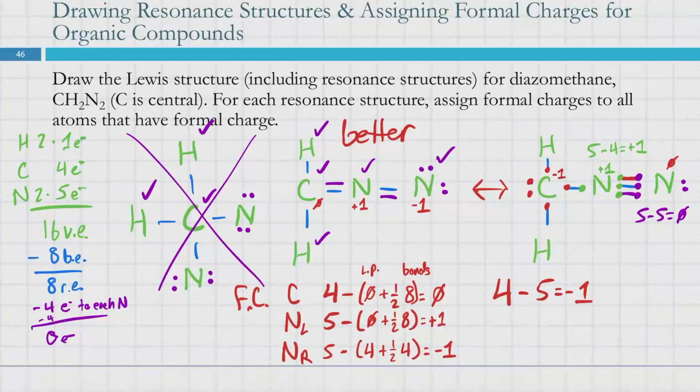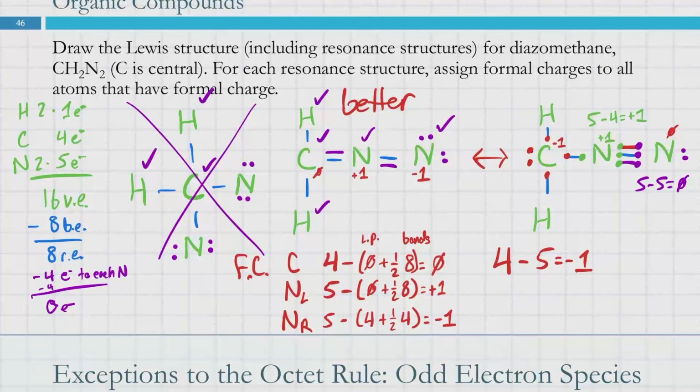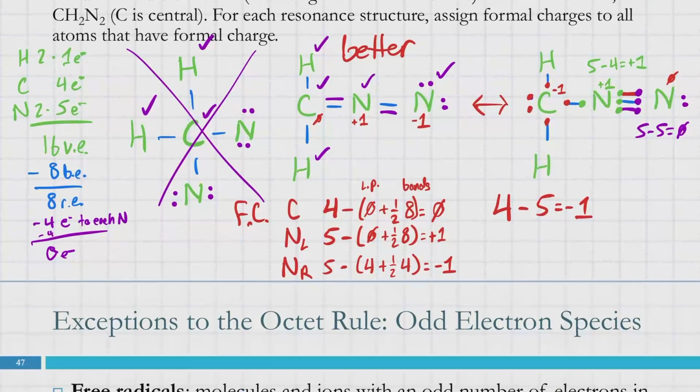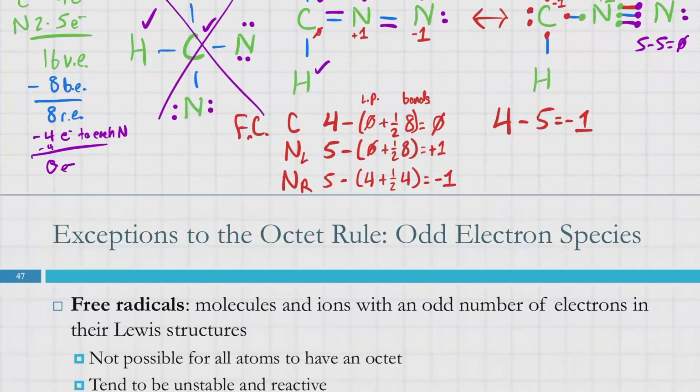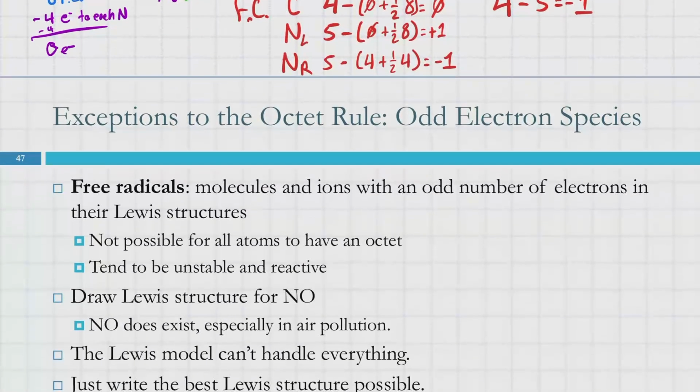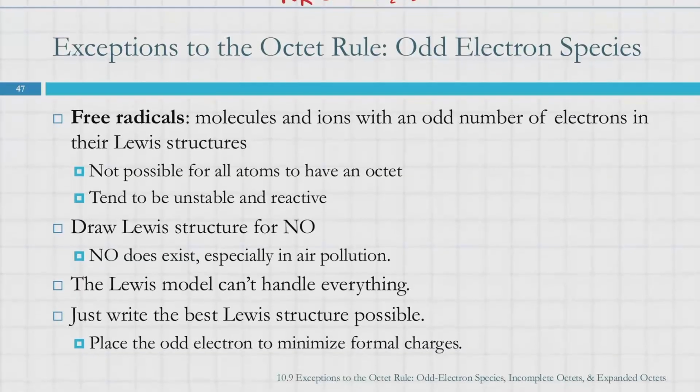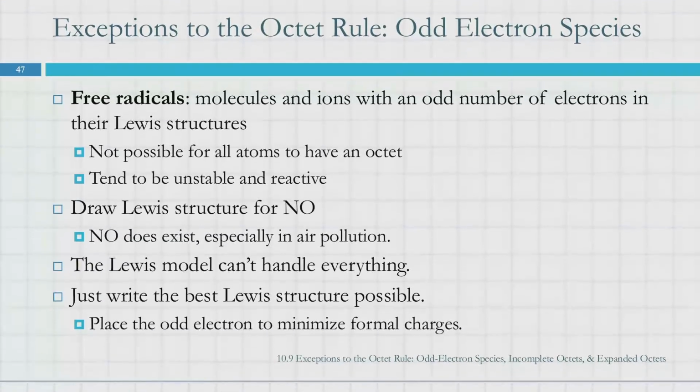Questions? Okay, because there are exceptions to the octet rule, we can have odd electron species. And a class of odd electron species are free radicals. Free radicals are molecules and ions with an odd number of electrons in their Lewis structure.